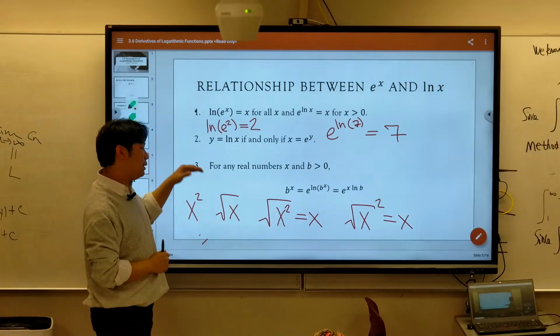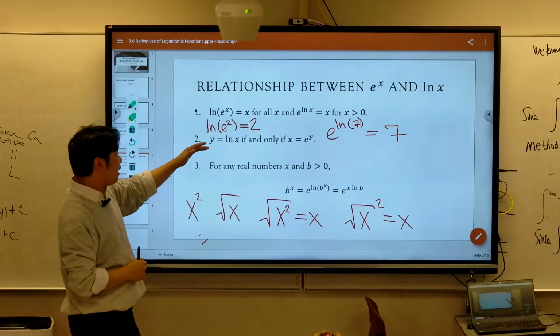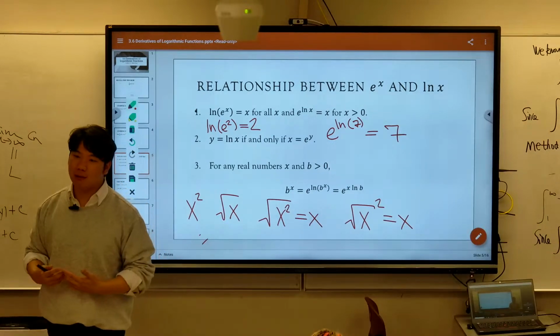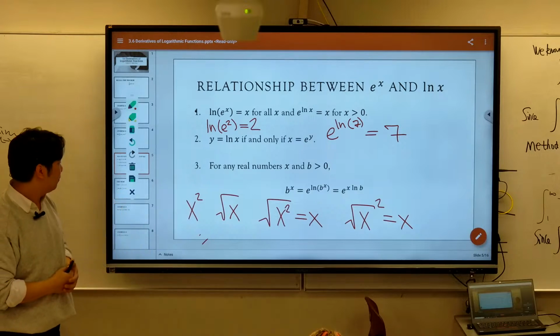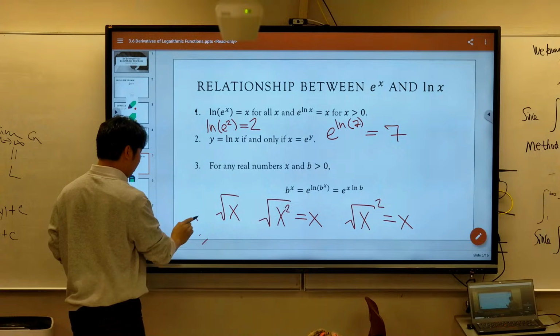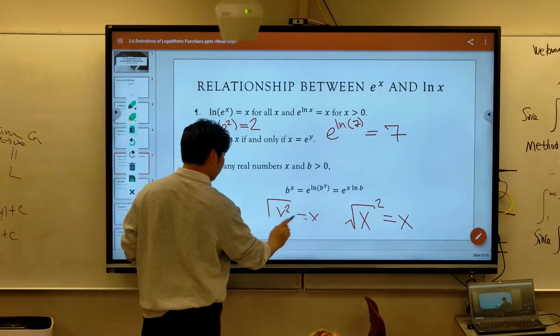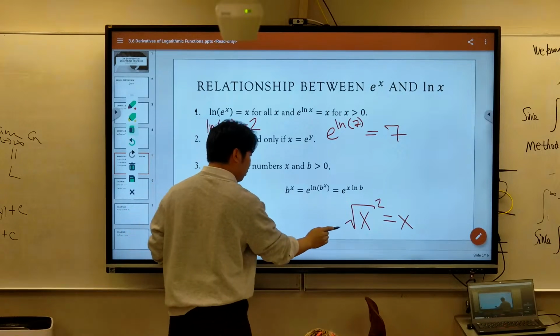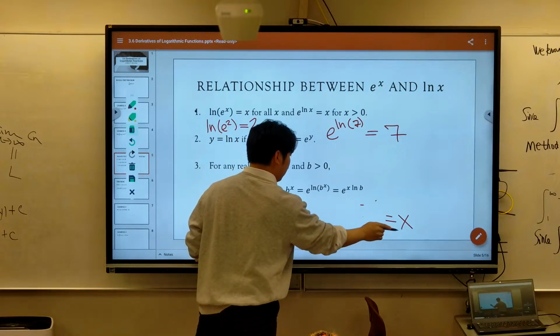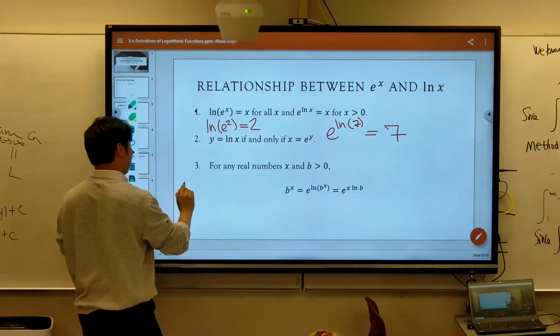And I'll take a moment to talk about this second one. Why is it true? The second property is actually a direct result of the first one. Let me erase this bottom group here so that I have space to write it out. So on the left, I have y is equal to natural log of x.